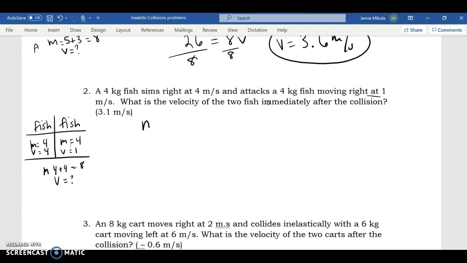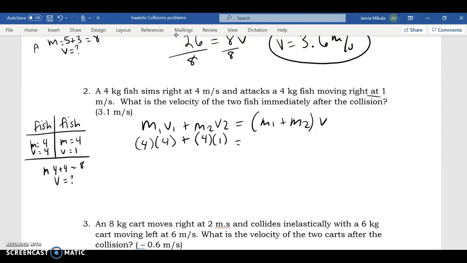Okay, so m1 v1 plus m2 v2 equals (m1 plus m2) v. So then we would say 4 times 4 plus 4 times 1 equals (4 plus 4) v.